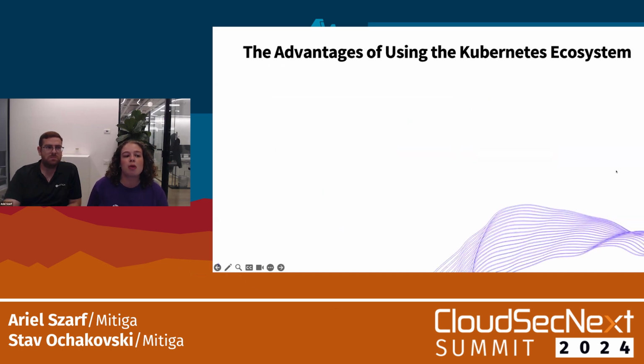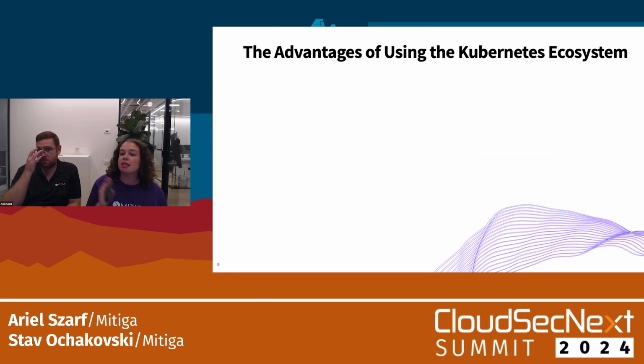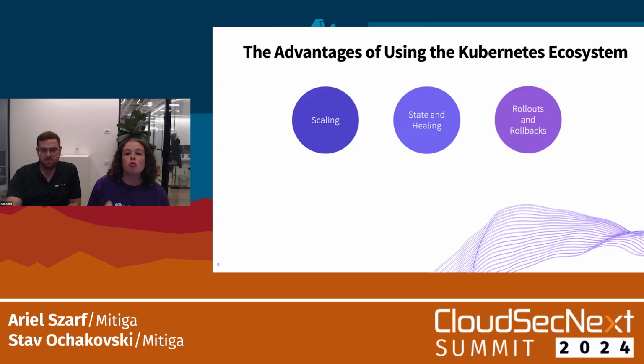Let's say a few words about the advantages of using the Kubernetes ecosystem. As a container orchestrator, Kubernetes offers a range of features, some native to the Kubernetes system and others more relevant when using a managed Kubernetes service, such as EKS. Kubernetes provides out-of-the-box scaling and state management, helping to keep applications stable and workload balanced as desired.